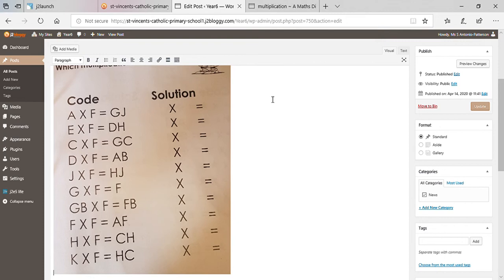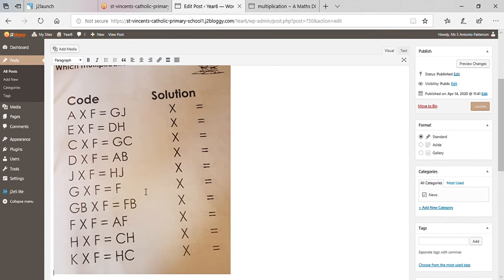Also, I can see that g times f equals f. Clearly, g must equal 1. G must represent the number 1.